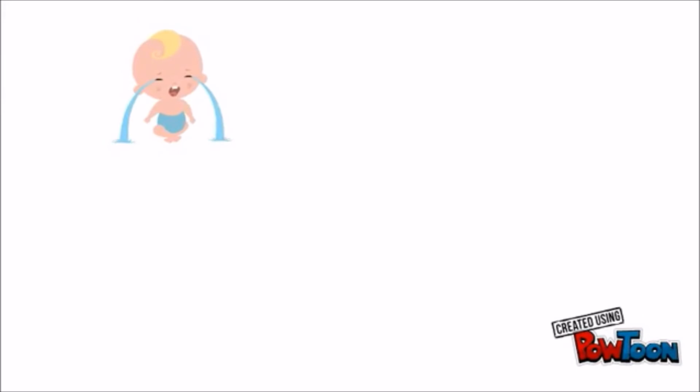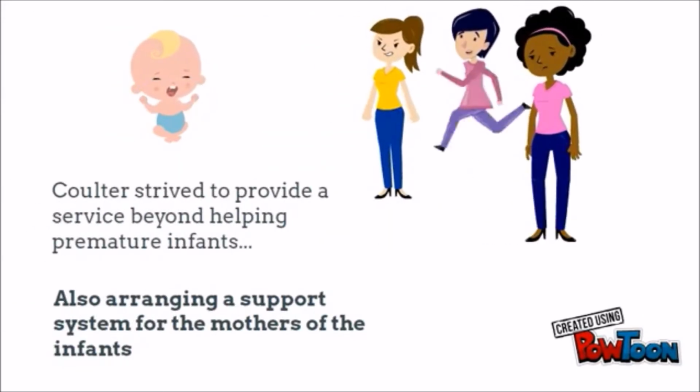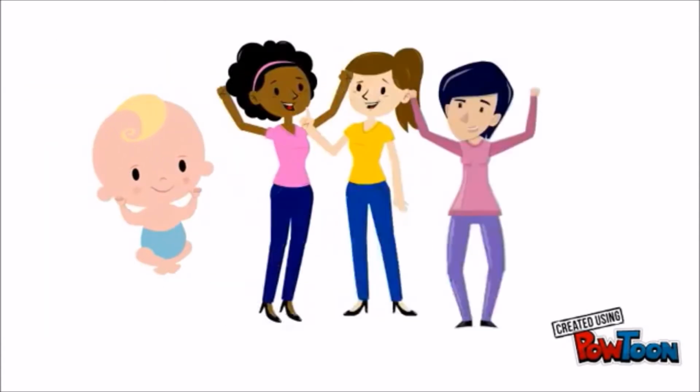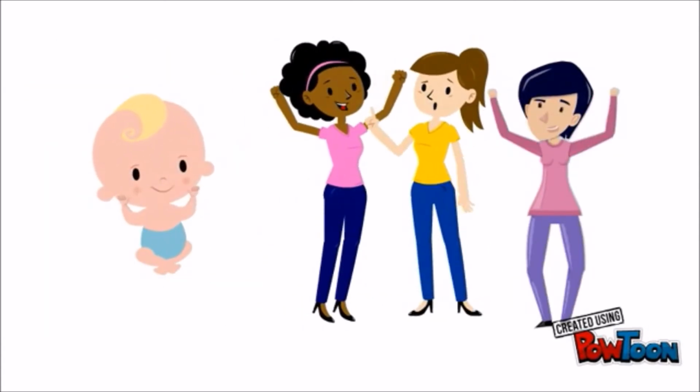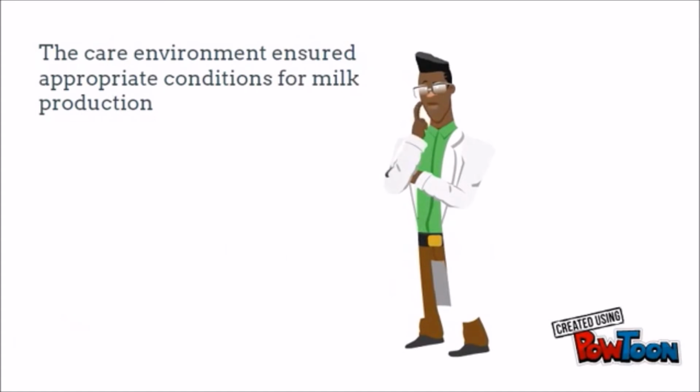Coulter strived to provide a service that was beyond helping premature infants, by also arranging a support system for the mothers of the infants. After 2.5 years of further fundraising, Coulter was able to finance women's counselling to accommodate women going through tribulation. The care environment was created by ensuring the appropriate conditions were made for the production of the milk.